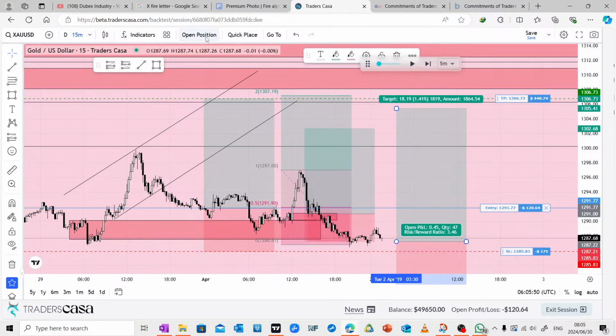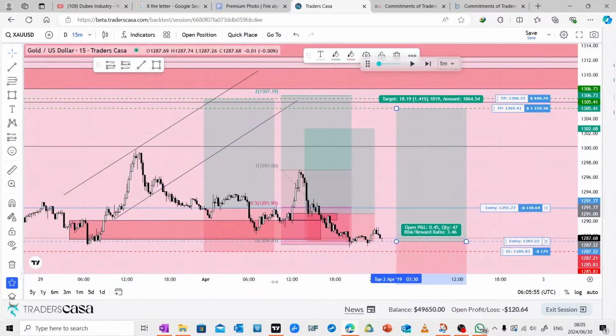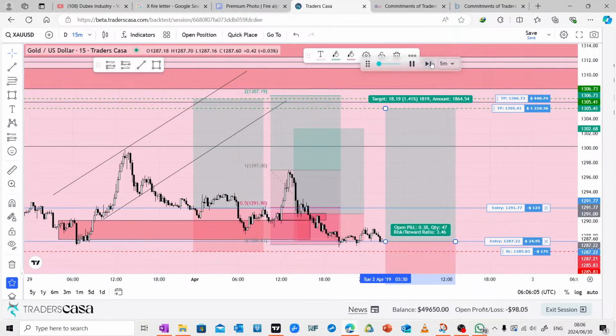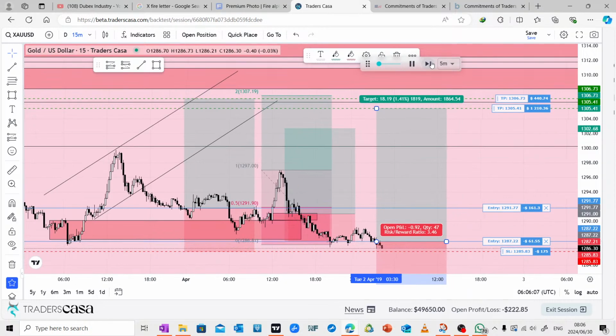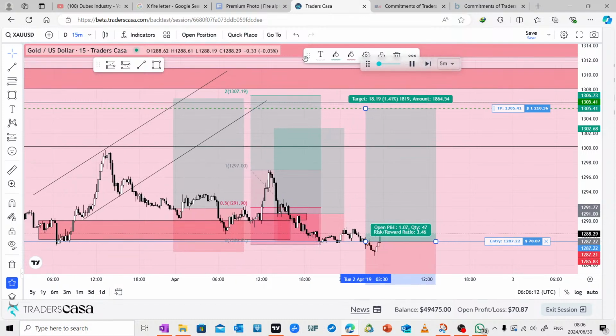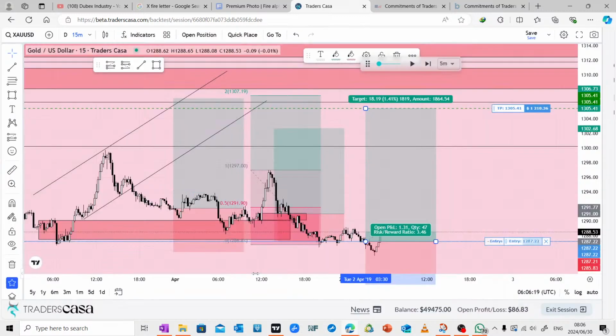So let's put in our entry. Open. So far 2 L's, right? 2 L's. Let's see. That's another L. So I should open another trade because I believe that trade will work. Now we've got 2 trades playing out.